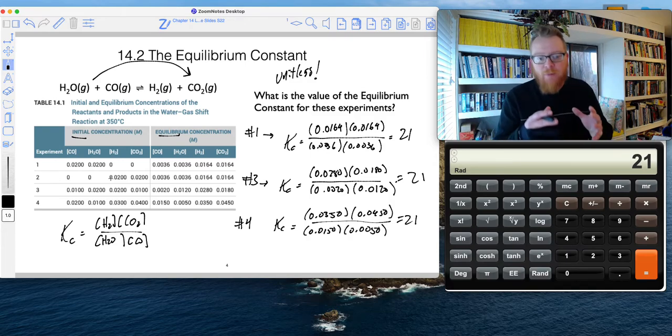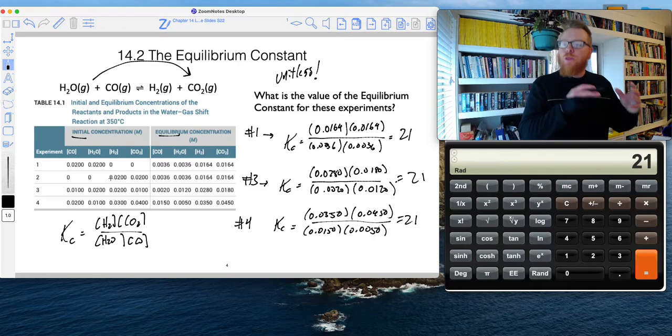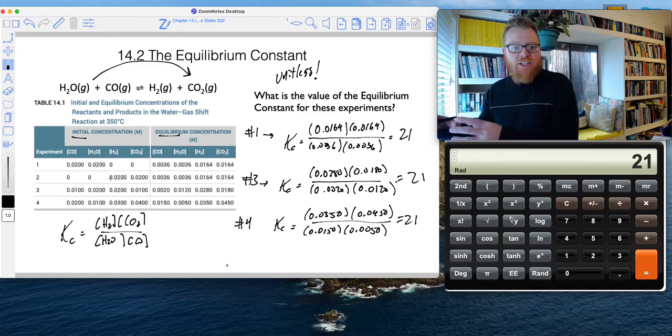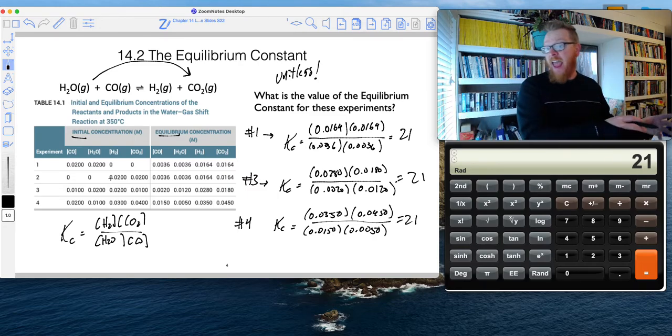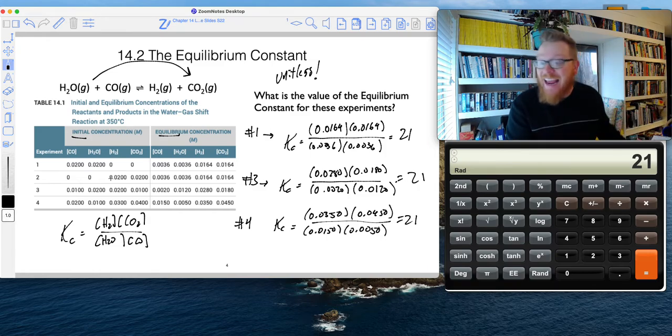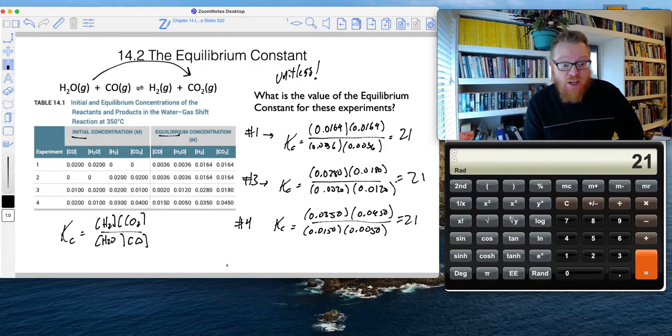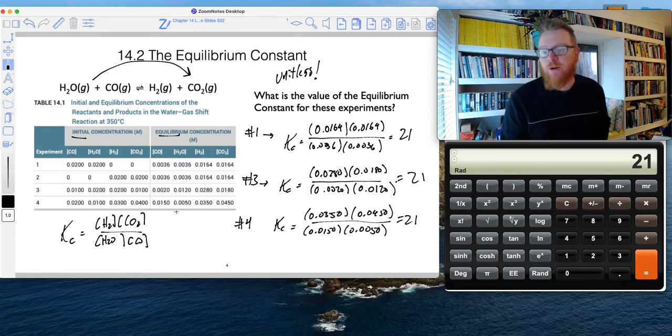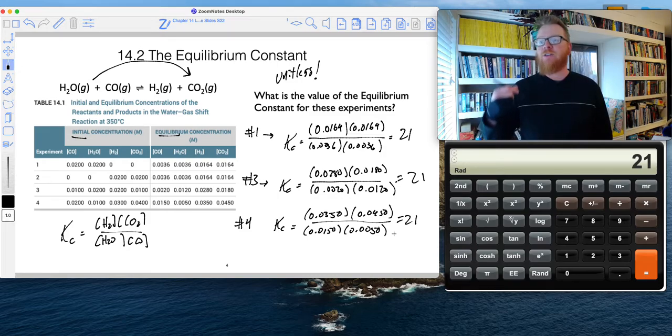Once we let them react, they're going to produce more H2 and CO2 than is remaining in H2O and CO, right? You can see that the reaction doesn't go to completion. There's CO and H2O remaining, right? However, because the equilibrium constant is greater than 1, the equilibrium position lies on the right.